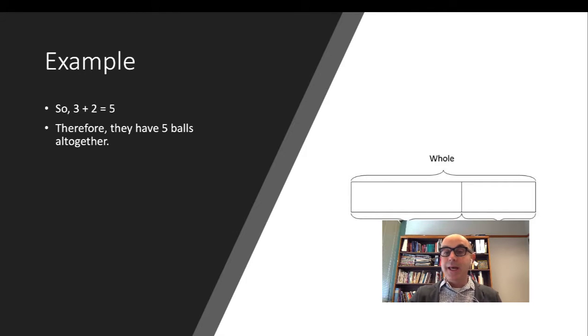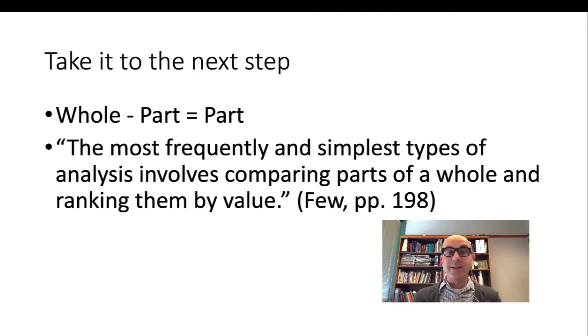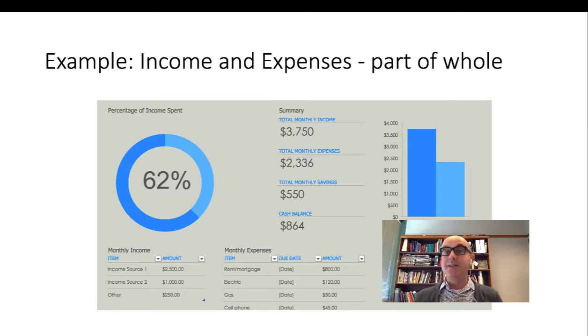The 2 parts give us the whole, which is what we are trying to understand. Again, the textbook says that the most frequent and most simple types of analysis involve comparing parts of a whole and ranking them by value. And that's the idea of a good representation.